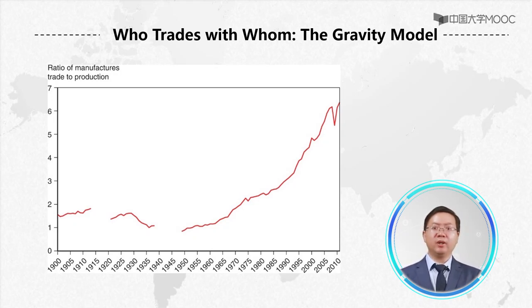It started to recover around 1945, but did not recover fully until around 1970. Since 1970, world trade as a fraction of world GDP has achieved unprecedented heights.